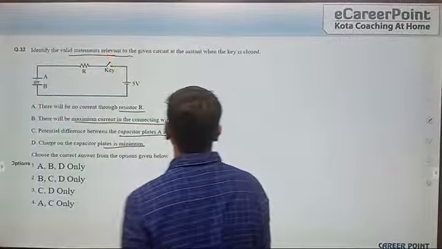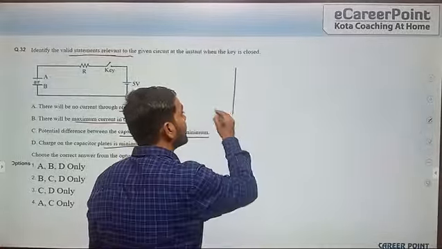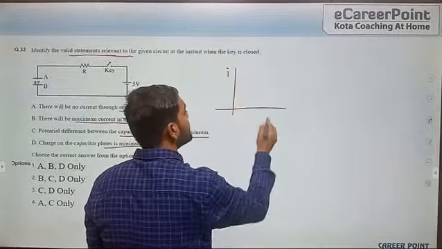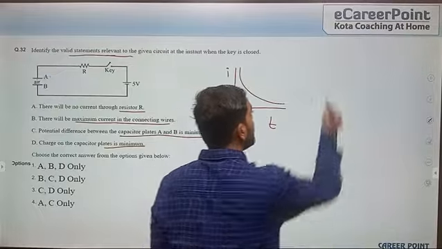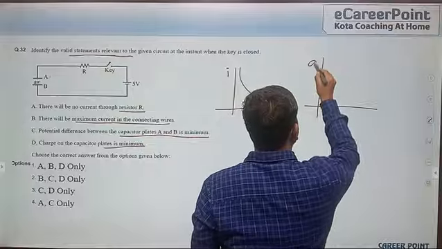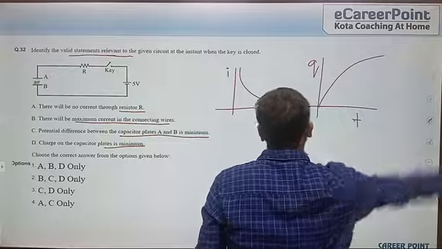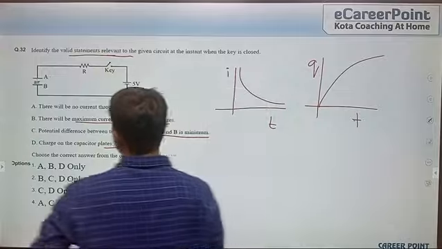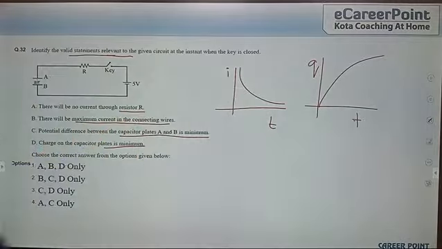First we need to remember the graphs. The I versus t graph will look like this, and the Q versus t graph will be more like this. After closing the switch, there will be no current in the resistor, no, this is wrong.